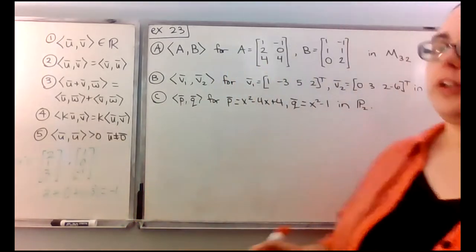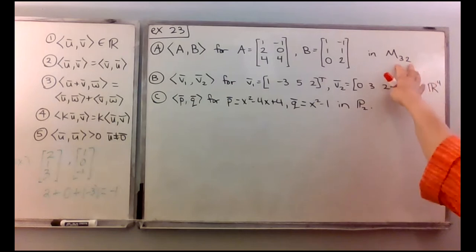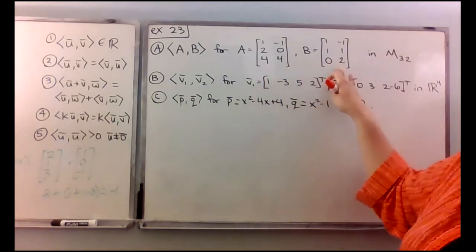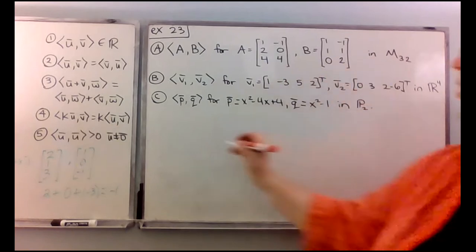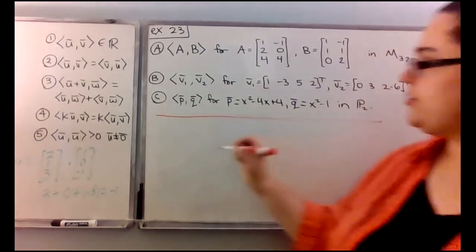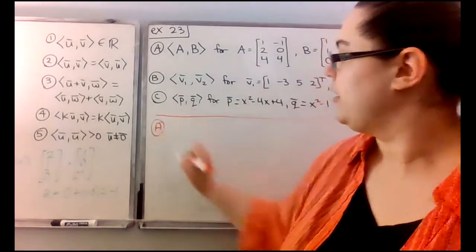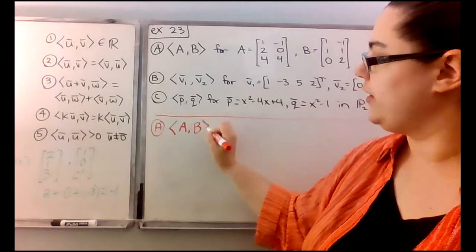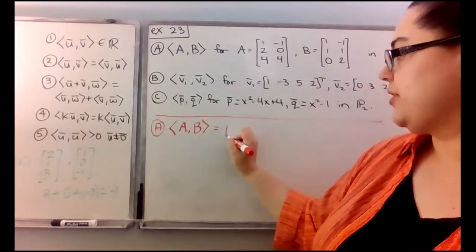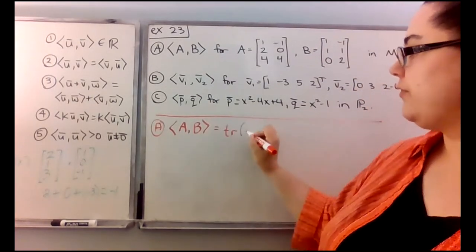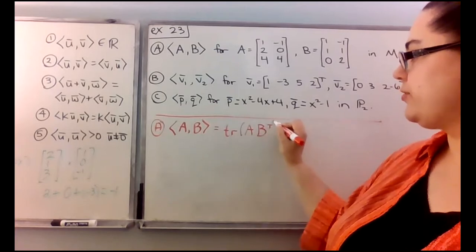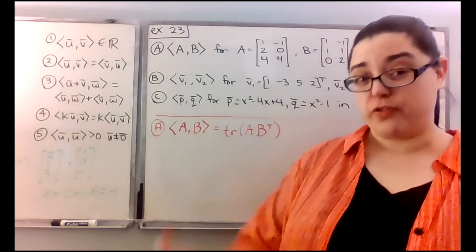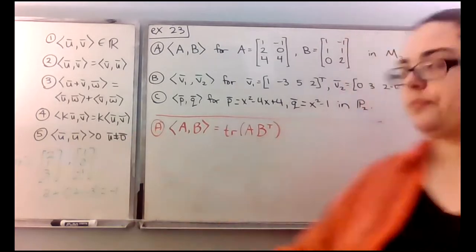For the first one, we're going to be living in M_32, and we're going to find the inner product of two 3x2 matrices A and B. So this is part A. The inner product of A, B is going to be the trace of the product A B transpose. Let's find A B transpose first, and then we'll find its trace.